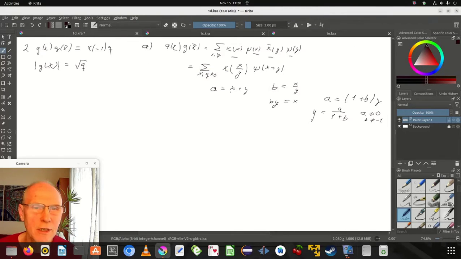Oh, that's interesting, because that gives chi of minus 1. And chi of naught is unity. So we take that out. Otherwise, we need to have x as well. x is b times y, so x equals b times a.